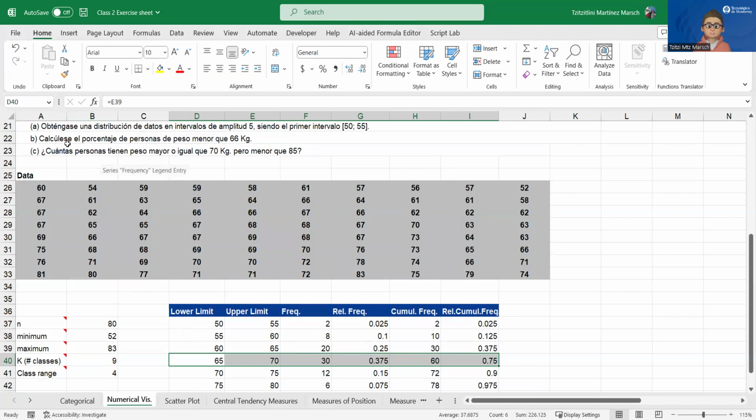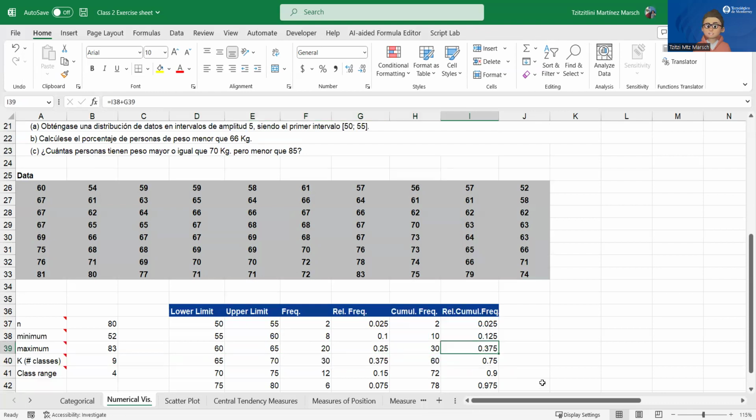We can say, for example, how many people are under there. Because we have this frequency, with the sum of these, we have 75% of our data already summed up to here.